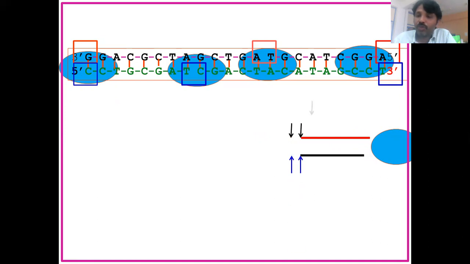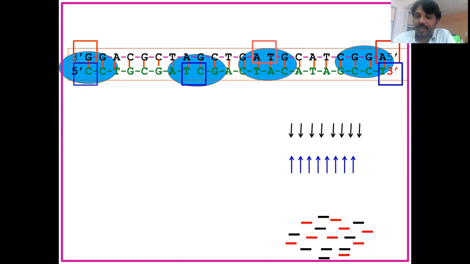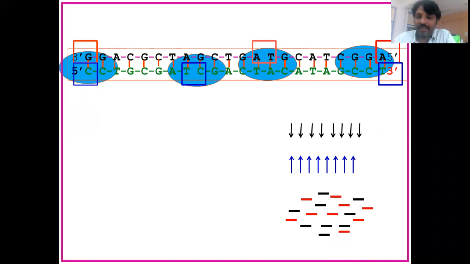This is the exonuclease's special feature. At the end of the reaction, you'll have mononucleotides.